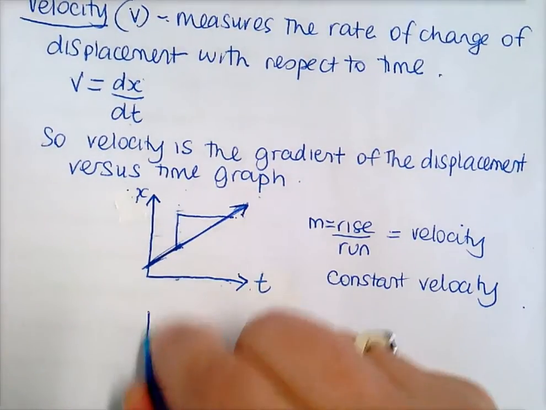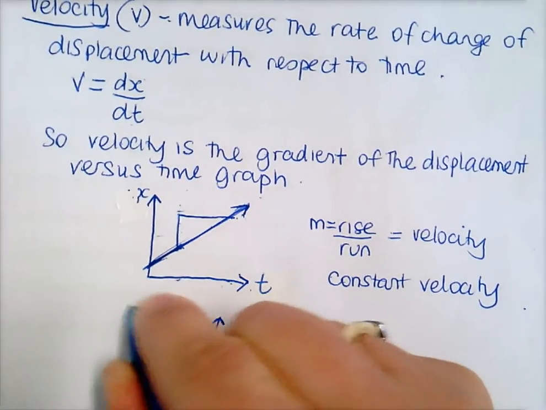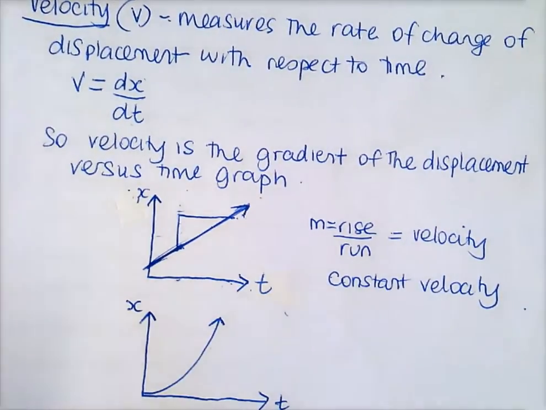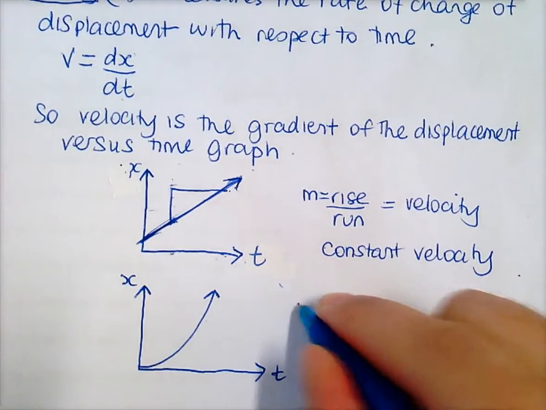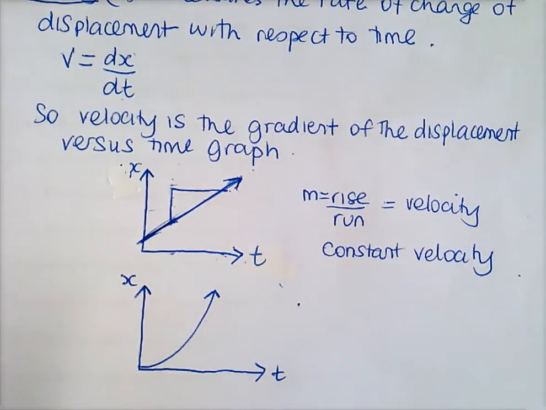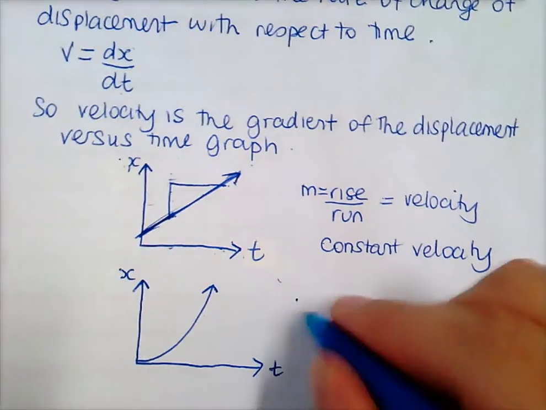But if you look at this graph here, this is not constant velocity. With this graph, how do you work out the gradient, or the speed at any point, or the velocity? Gradient of the tangent to the curve.